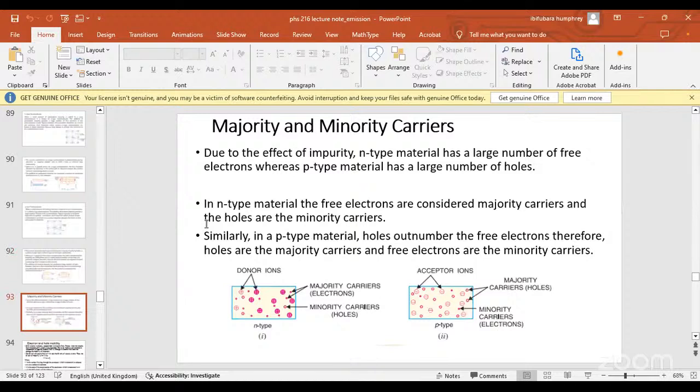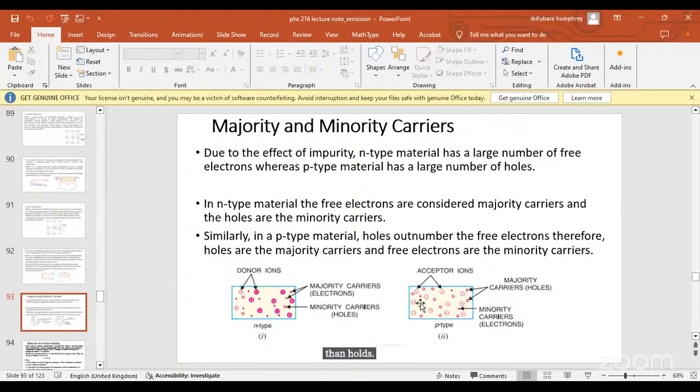Now, I've talked about majority and minority carriers. In N-type, we have the majority carriers as electrons and the minority carriers as holes. The diagram to the left shows that we have more electrons than holes.